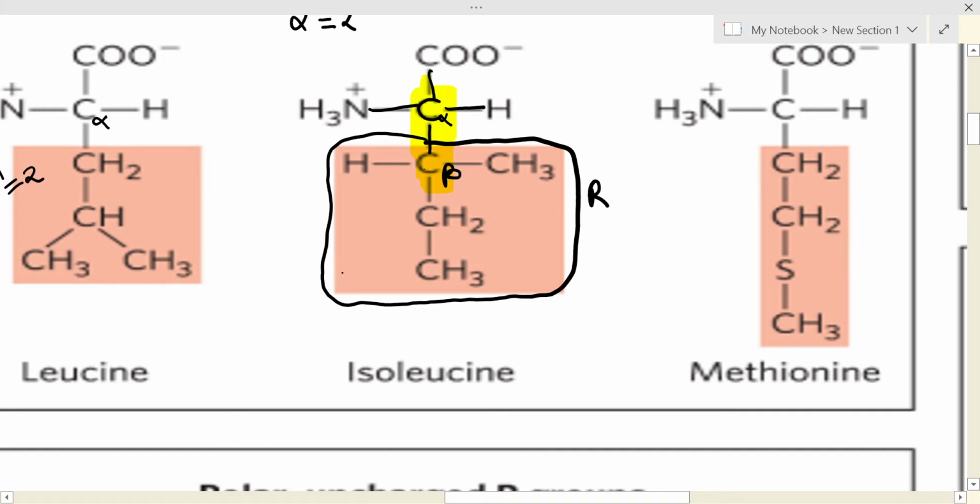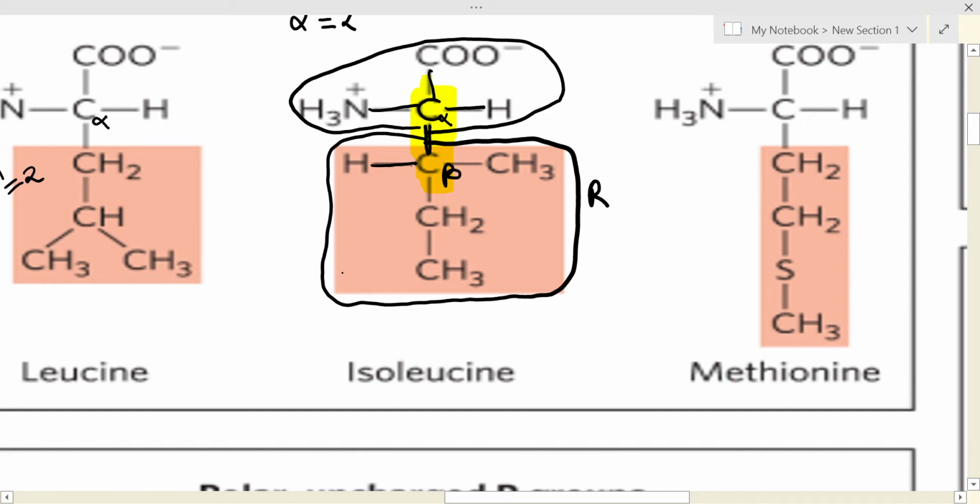And beta carbon, this is also chiral in nature. Why? Because this bond, and this bond means having all these atoms. Okay, this complete group here, which is bound to carbon beta.